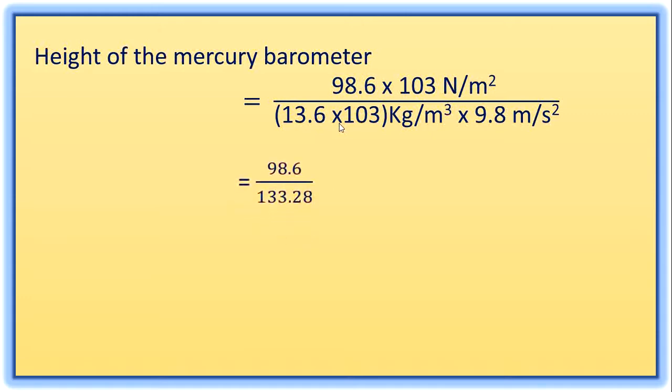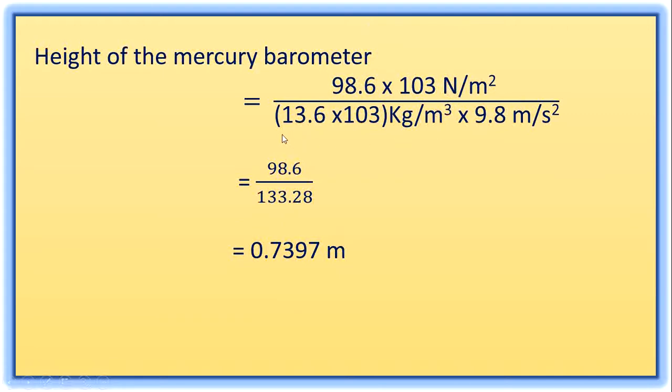So numerator becomes 98.6, and when we multiply 13.6 and 9.8, we get 133.28. When we divide this value, we get 0.7397 meter.